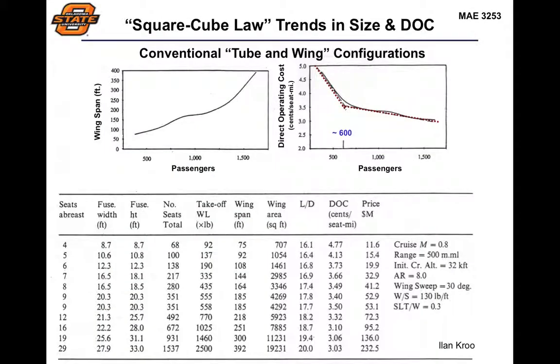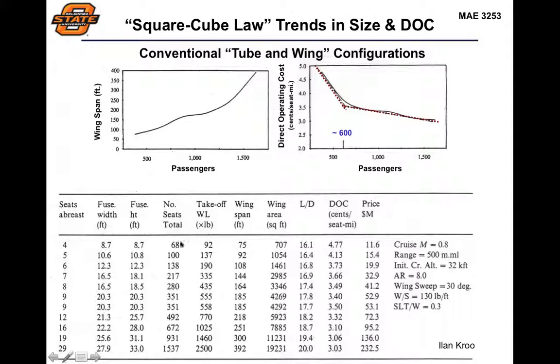Now, a lot of this from an airliner standpoint also goes back to the square cube law that we introduced all the way back at the beginning of the semester in terms of how things are going to grow. If you're looking at purely from a standpoint of putting people on an airplane, then you can start to scale that directly from a volumetric standpoint.